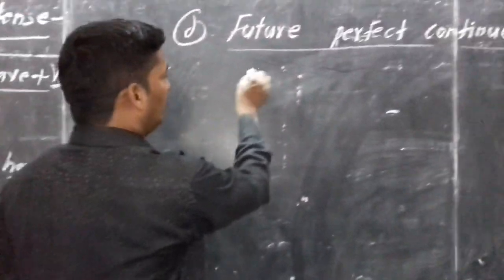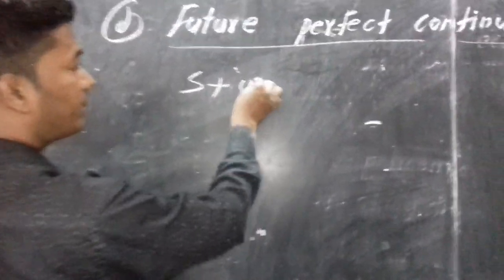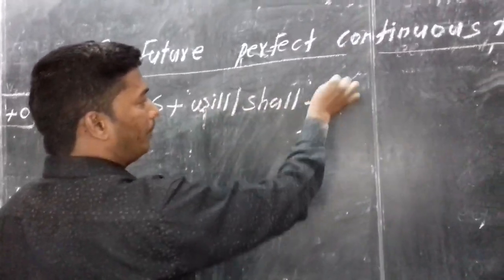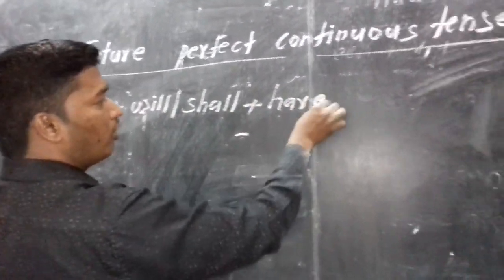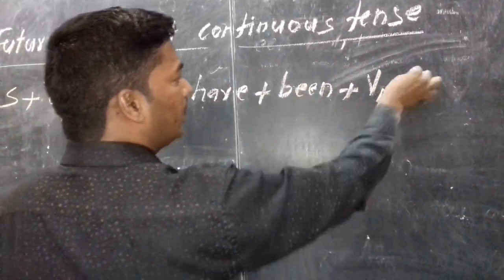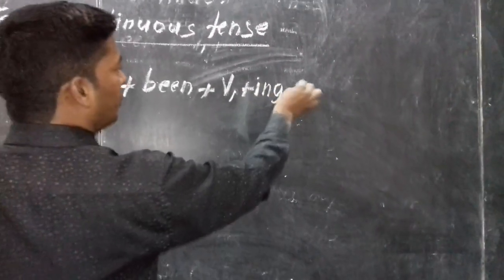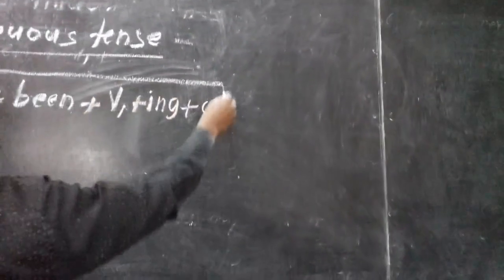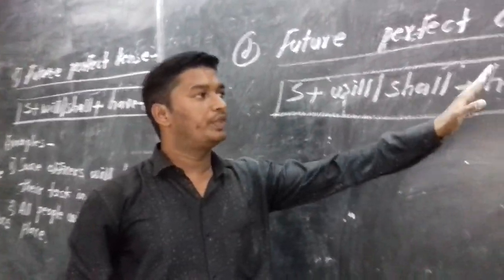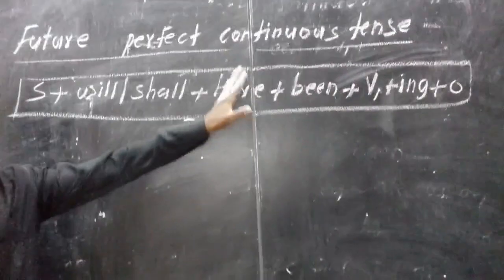Now, what is the structure of future perfect continuous? Pay attention. Look at the structure. Subject plus will or shall plus have plus been plus V1 plus ing plus object.